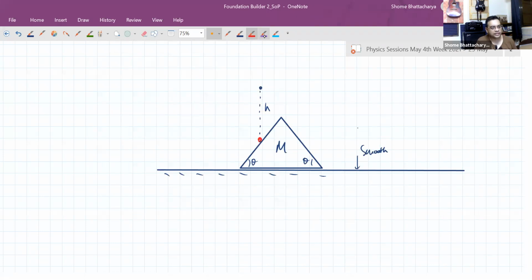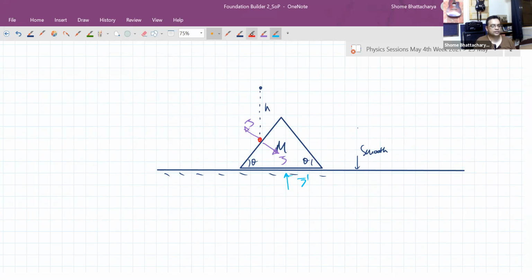As far as the impulse is concerned, the particle applies a collision impulse, let's say J, on the wedge, and the wedge applies an equal and opposite impulse J on the particle. But also, the ground will immediately respond by applying an impulse, let's say J prime. So it's not like the wedge is going to move in this direction, because the ground is supporting the wedge.